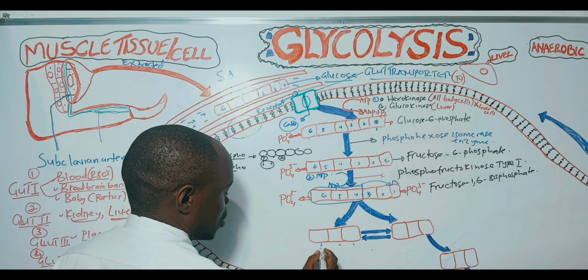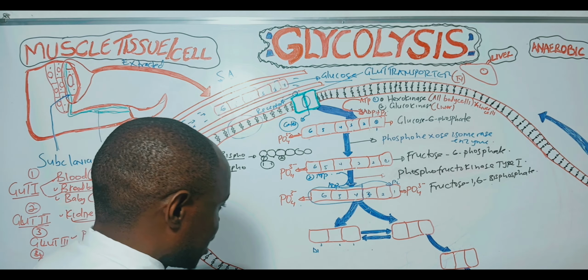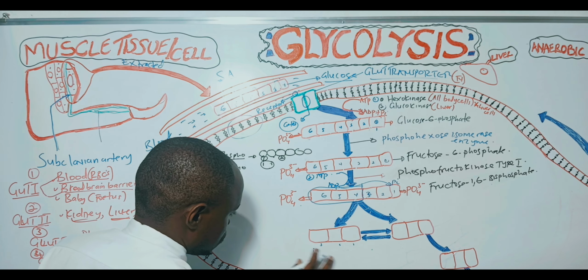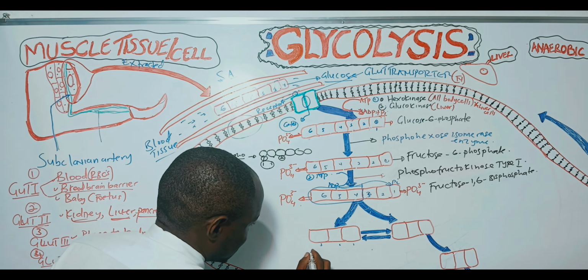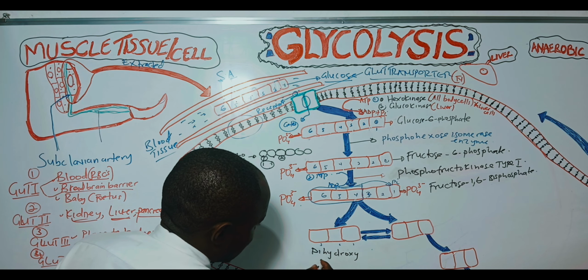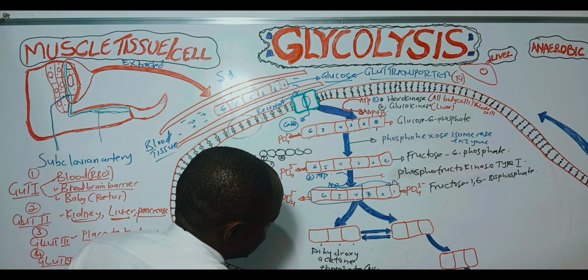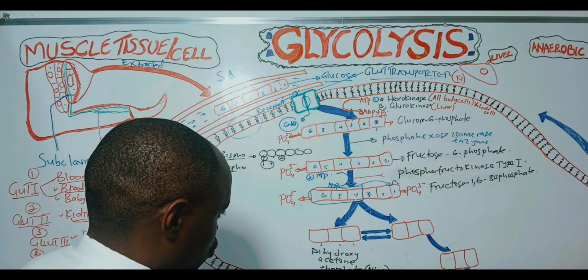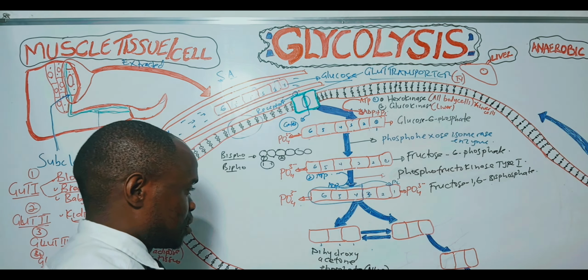This one is now called dihydroxyacetone phosphate. Sometimes you normally abbreviate it as DHAP, that's what we call dihydroxyacetone phosphate.